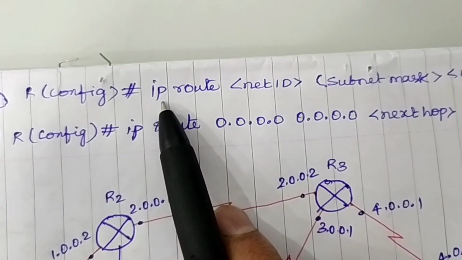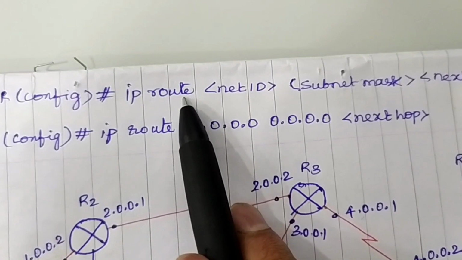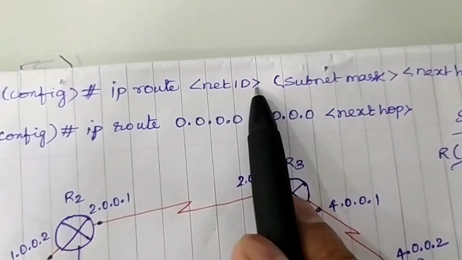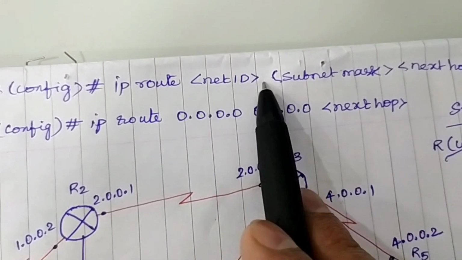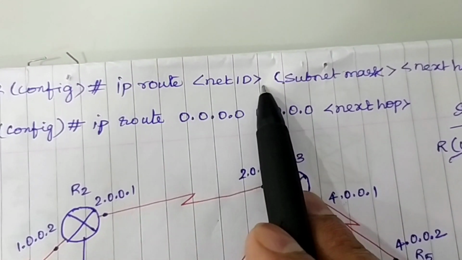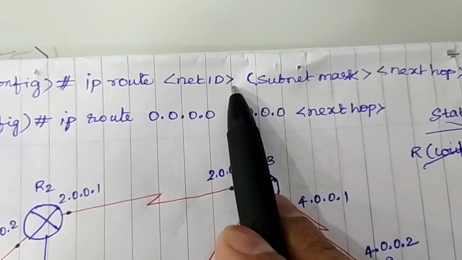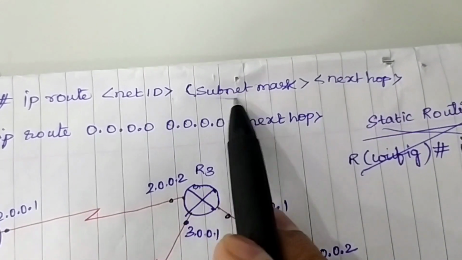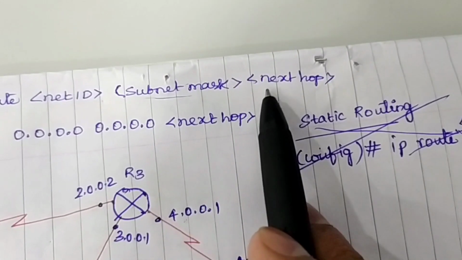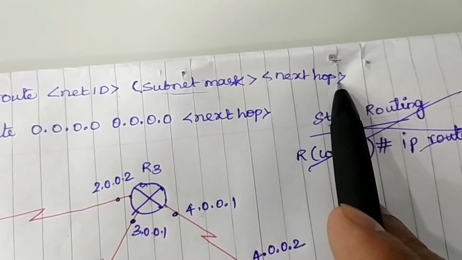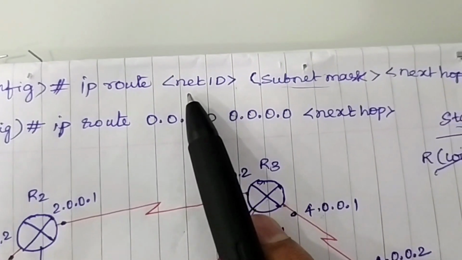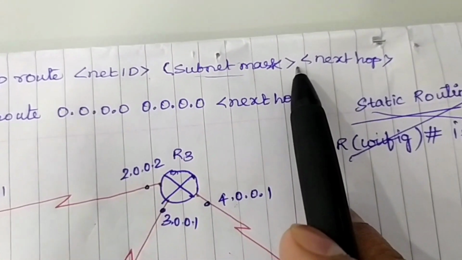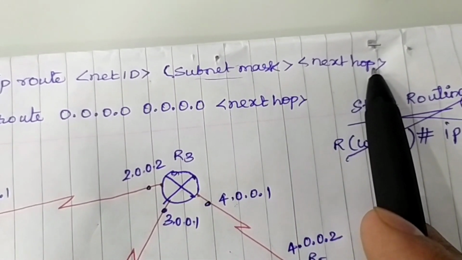The command is ip route, and you have to give the network ID, network address, then the subnet mask, then the next hop. What is the command? ip route net ID subnet mask next hop.